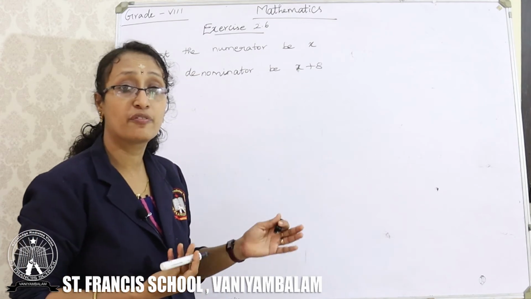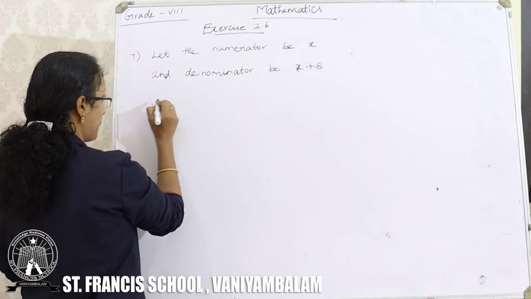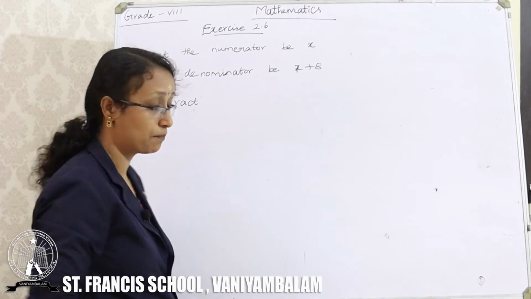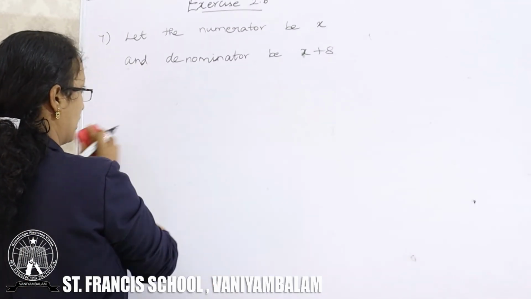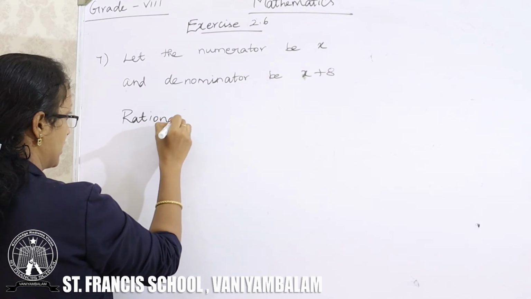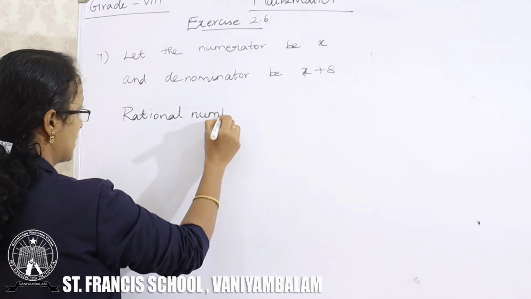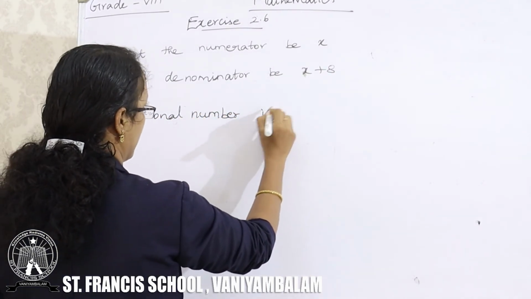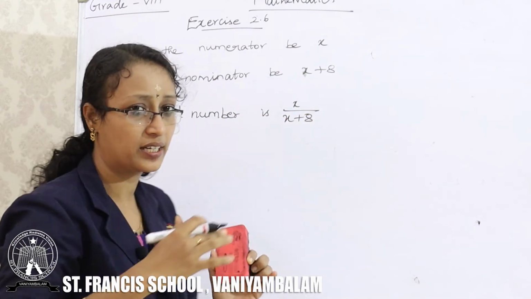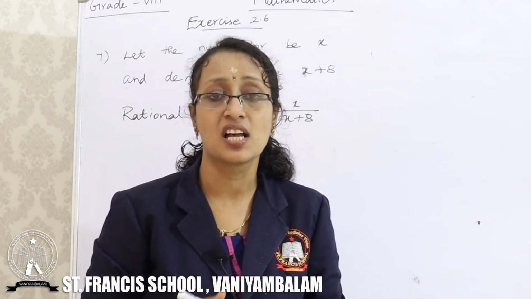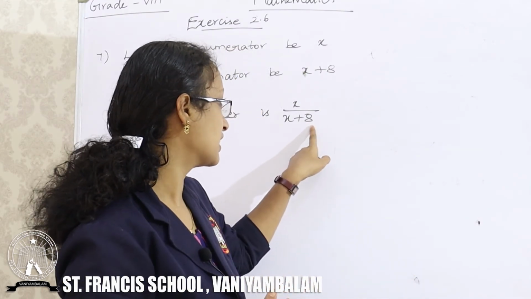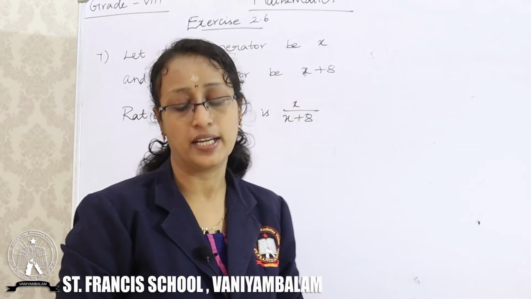So now your rational number is x by x plus 8. So we have now the numerator and denominator, from the first sentence, that the denominator is 8 greater than the numerator.